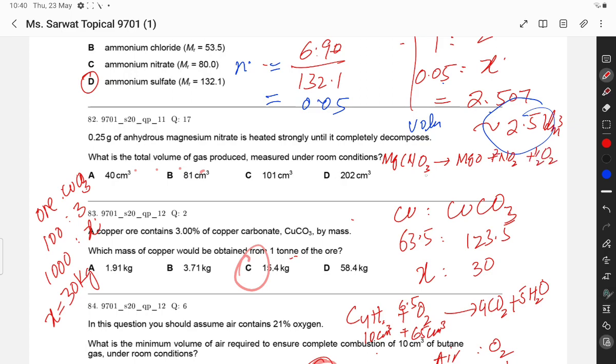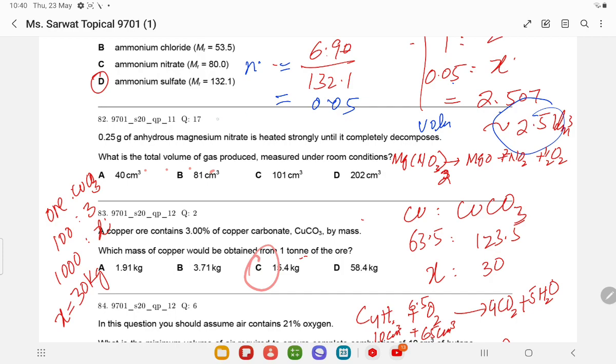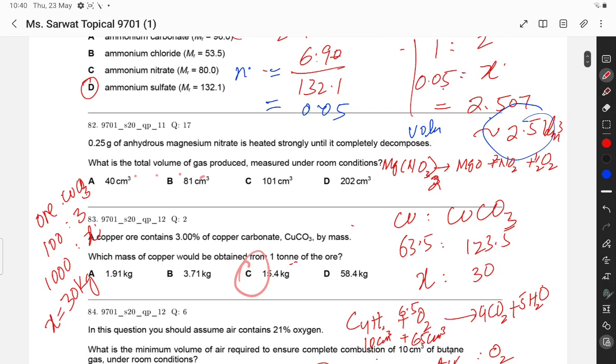Magnesium nitrate: Mr is 24 plus 28 plus 16 into 6, which is equal to 148.